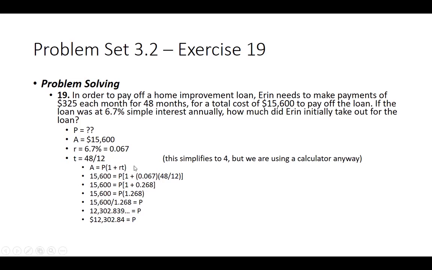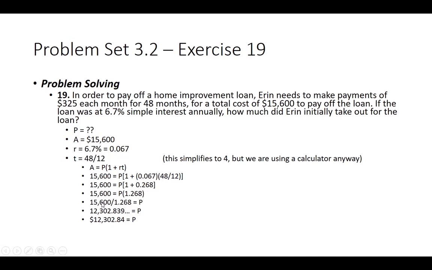Plugging in what we know, substitute for A, substitute for R, substitute for T. Take care of R times T first. 0.067 times 48 divided by 12 gives us 0.268. 1 plus 0.268 is 1.268.